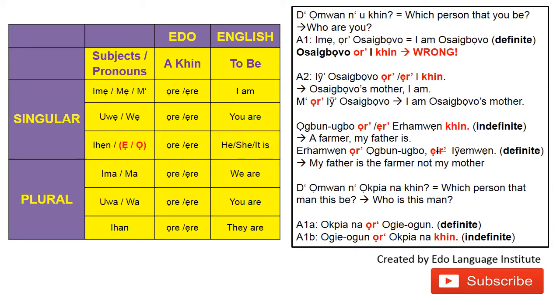So you have oihin. So they go together when what you are saying that you are is placed at the beginning of the sentence.